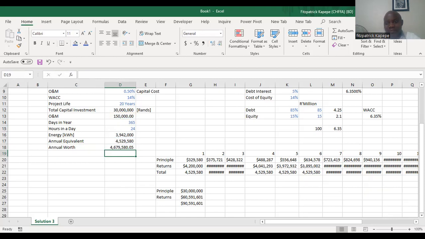That's it. Then now you are asked on the cost of electricity based on your calculation of the annual worth divided by the energy output. They are very generous. So the cost of electricity, which is COE, is the annual worth divided by your energy, just that.